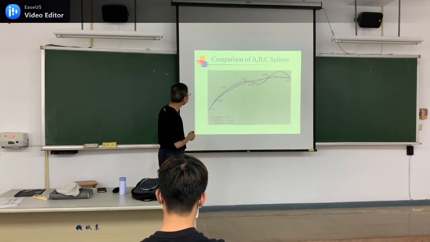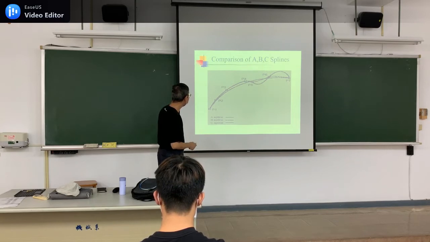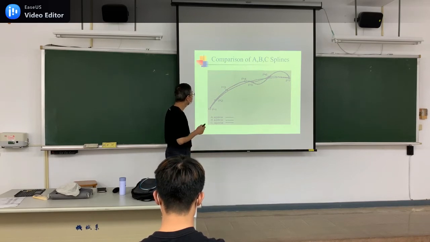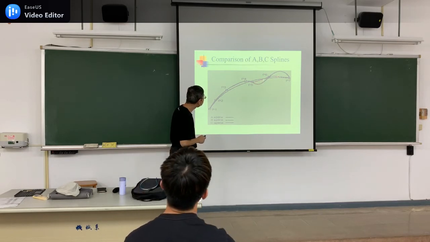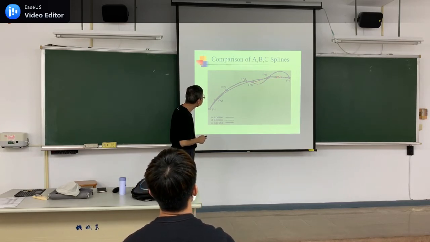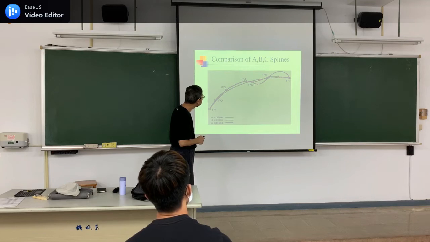So this is a comparison of A, B, C splines. Okay. It's not clear enough, but here, this one is A spline, this one is C spline, and in the middle is B spline.